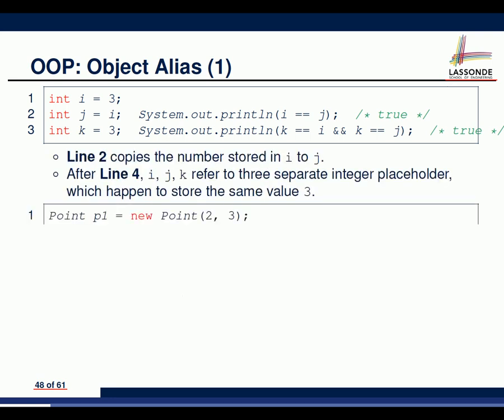Now let's have a look at this. Let's now try to see how things might go a little bit differently here, okay? And then we'll see some interesting examples, okay? Now, let's assume that we got a Point class and we got x and y over there, and then also we got a constructor which will initialize the x and y coordinates. So now, how do we visualize line number 1? When we say p1 is assigned the address of the new object with x being 2 and y being 3, how do we visualize that?